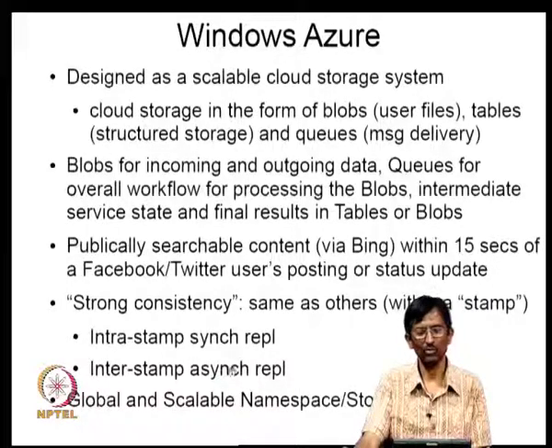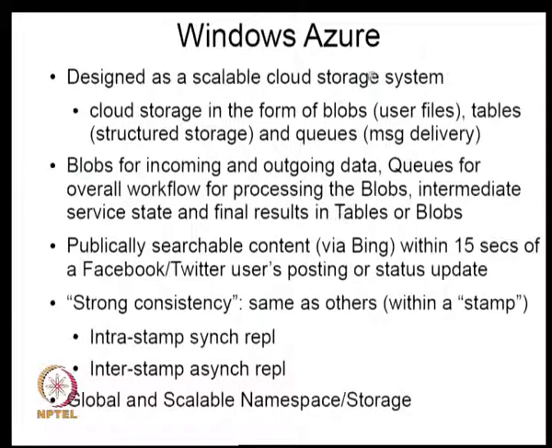So as long as you are doing synchronous replication, there is no serious issue. That's why they say that they provide strong consistency. And because it's a cloud storage system, they also provide user accessible global and scalable namespace and storage, in contrast to other systems which don't have a set of users also using the system. So they have to provide a global and scalable namespace.